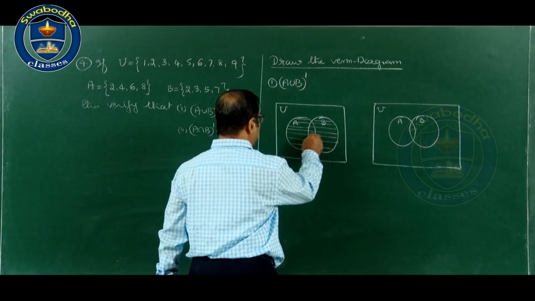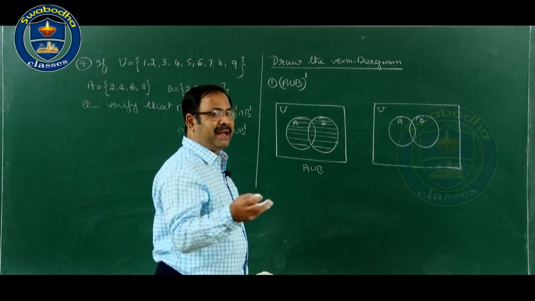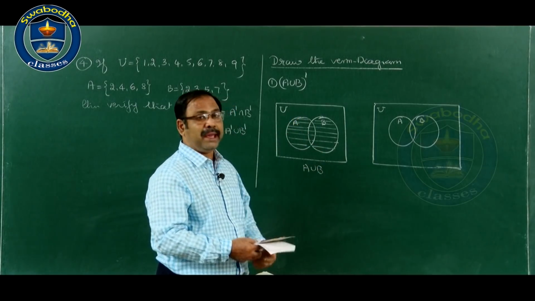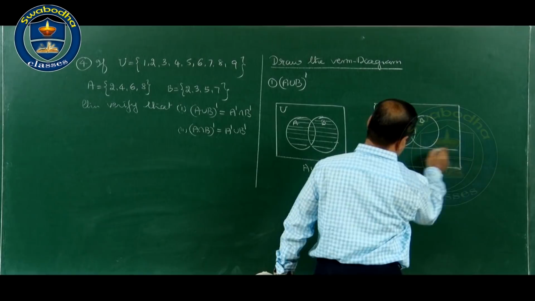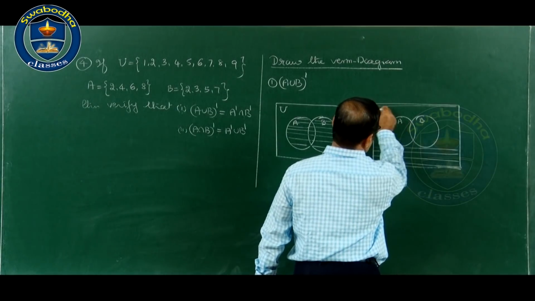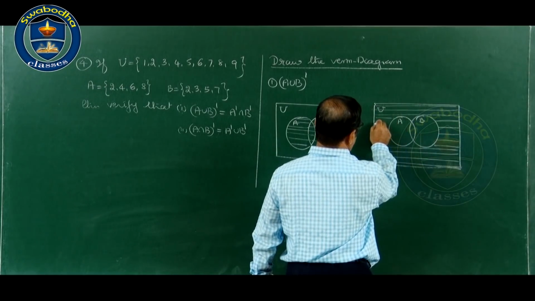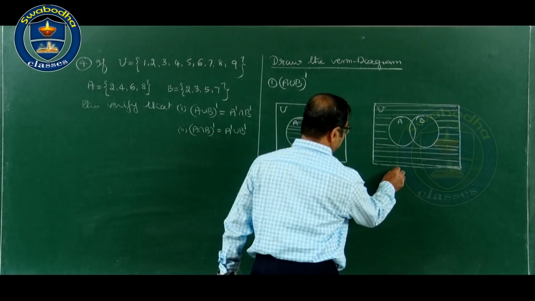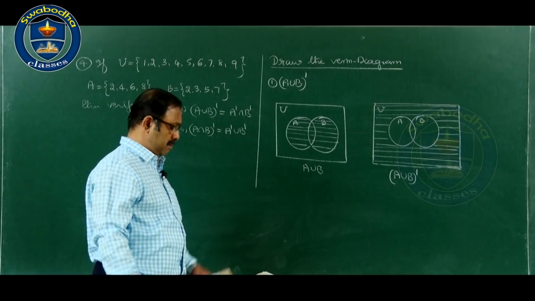See, this is A union B. Shaded portion is A union B. A union B complement, by definition, they are all elements present in U but not present in A union B. So they are present in U. See, they are present in U, but not present in, see, this is A union B.